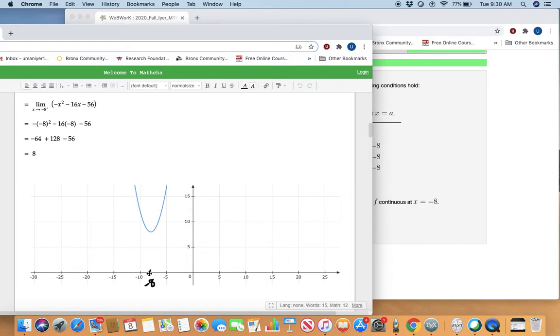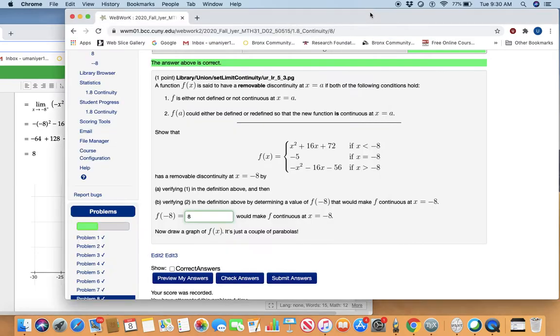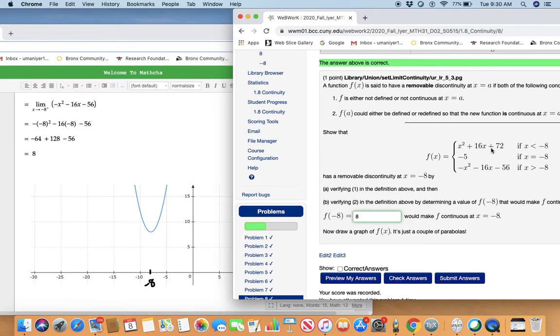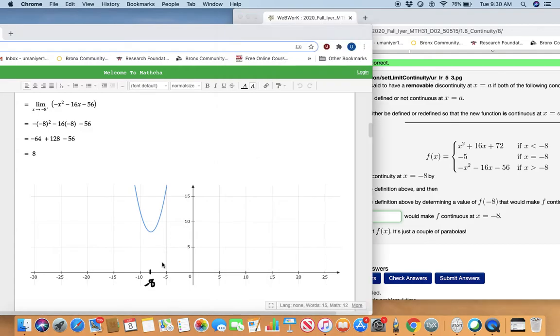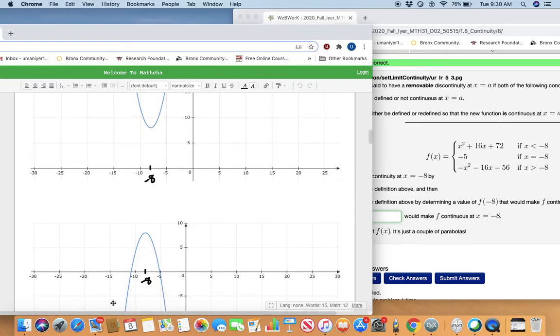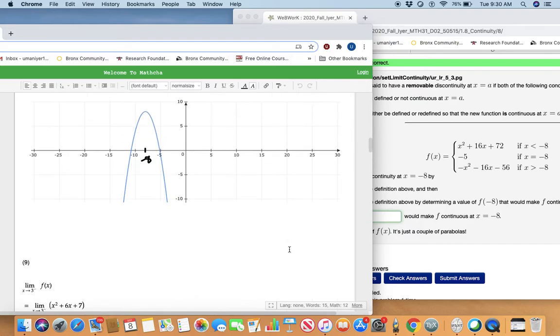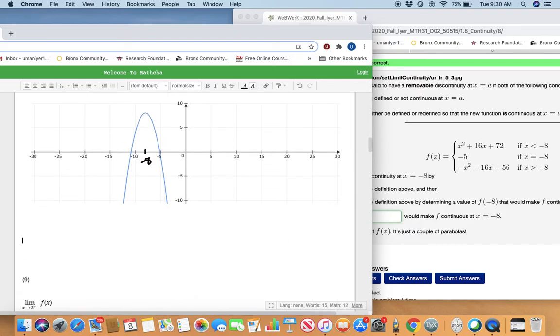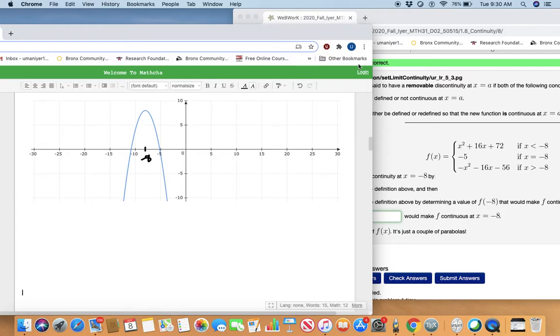That's your first parabola, with a vertex at -8 for the x value. The second one is a parabola opening down, again with vertex at -8. So what would be the graph of my function?